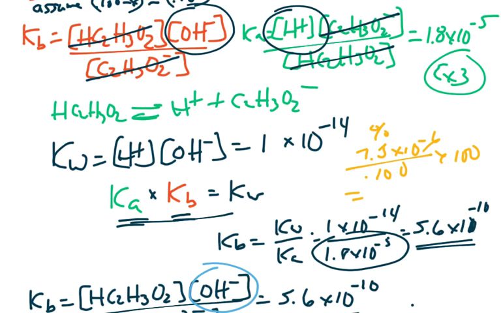And that comes out to be pretty small, 0.0075%. So very small dissociation, but that's okay. So those are all the values there for example number 5.